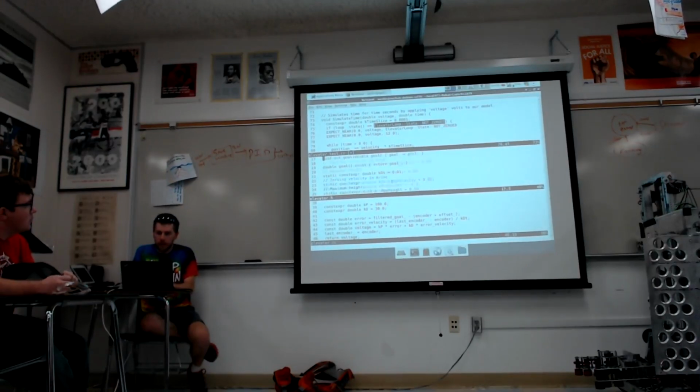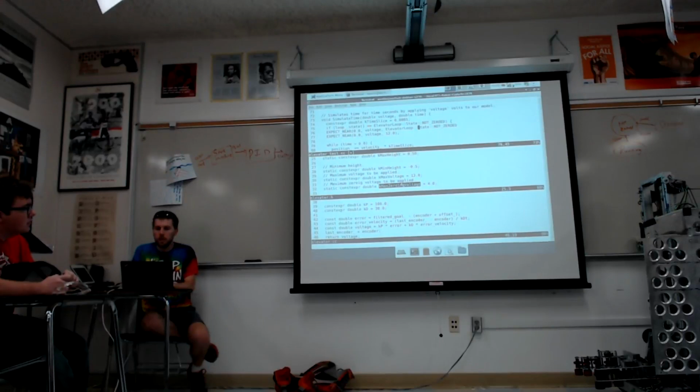So we have a handy max zeroing voltage we can use.